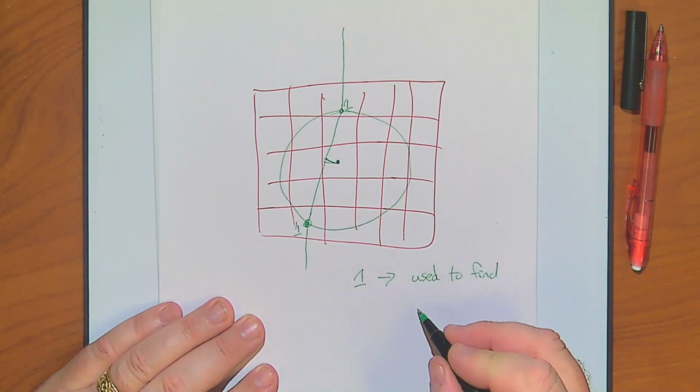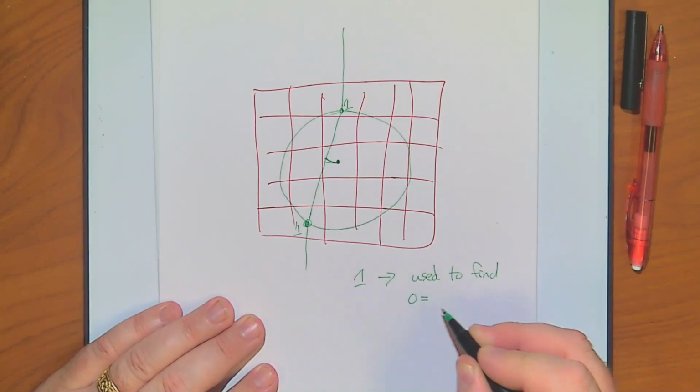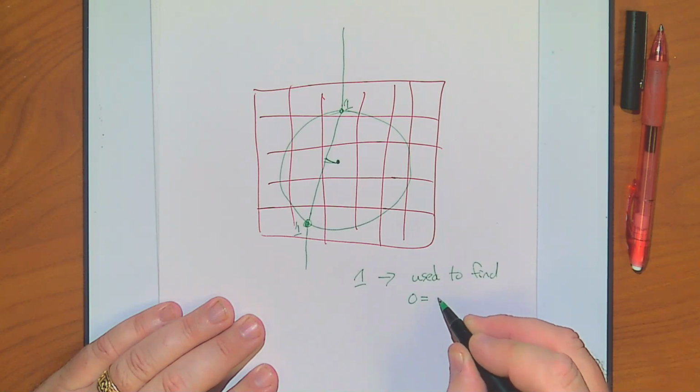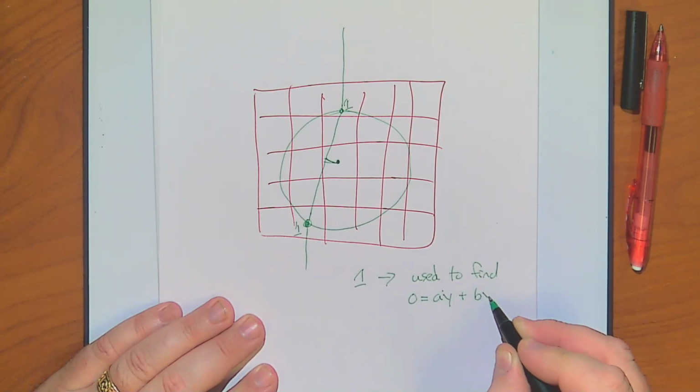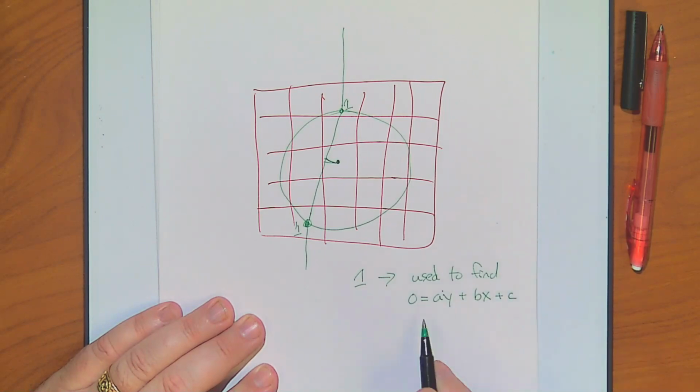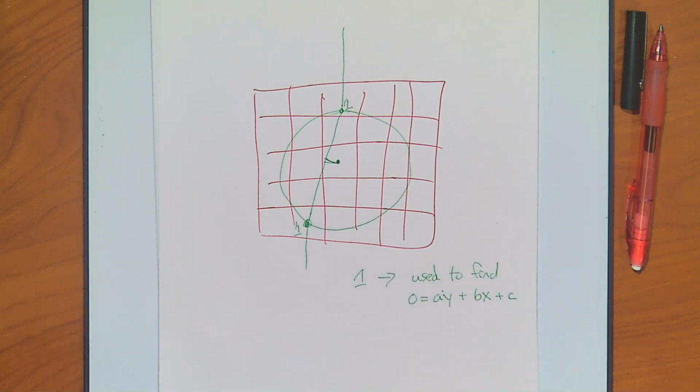And we're going to consider the line in this form: 0 is equal to a y plus b x plus c. Right? For a line, we have 3 coefficients in this kind of generalized form. So I can figure these out.